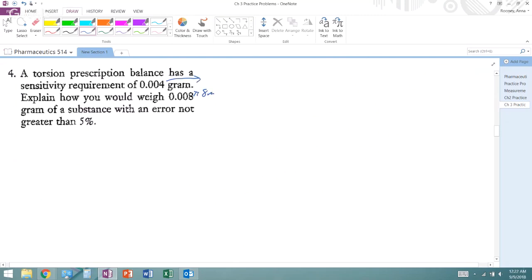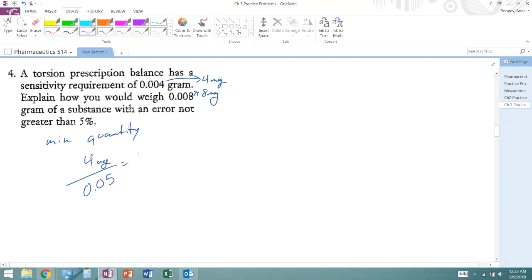So this is 8 milligrams, and this is 4 milligrams. And the way that you get that is you multiply them by 1,000, because there are 1,000 milligrams per gram. So minimum quantity is 4 divided by 0.05.